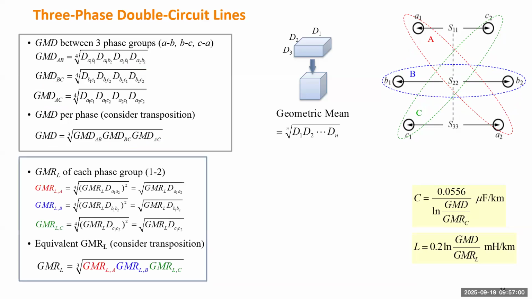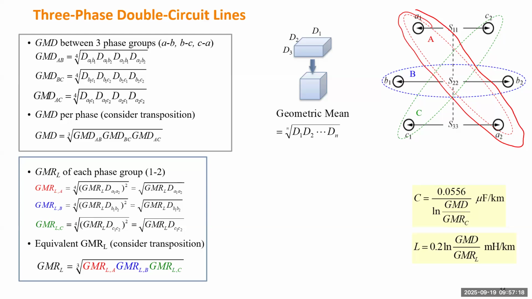How about the GMR? Let's first calculate GMR L for each group. So for each group, like group A, we study only group A, which has only 2 conductors.